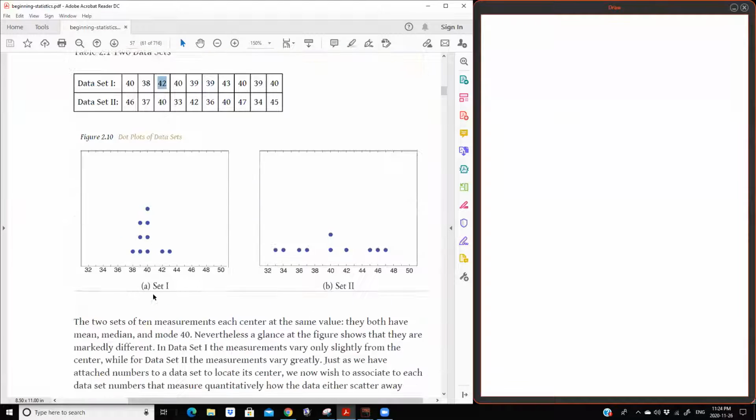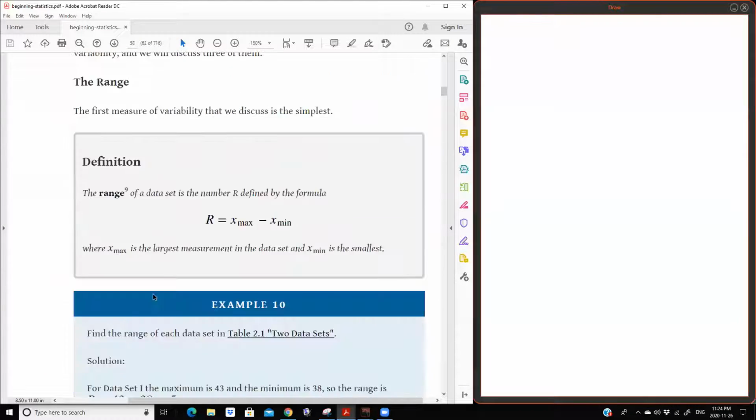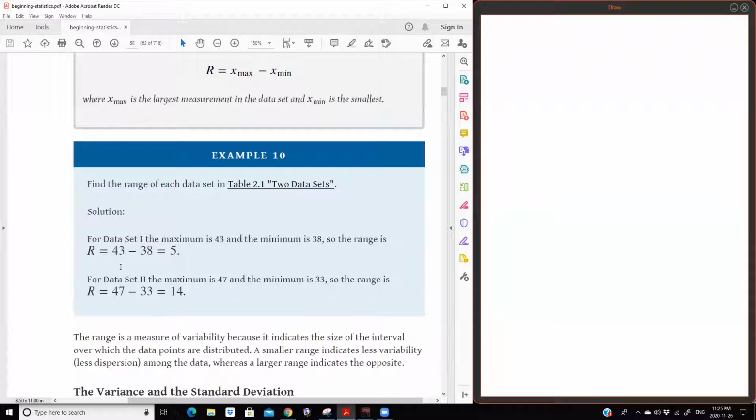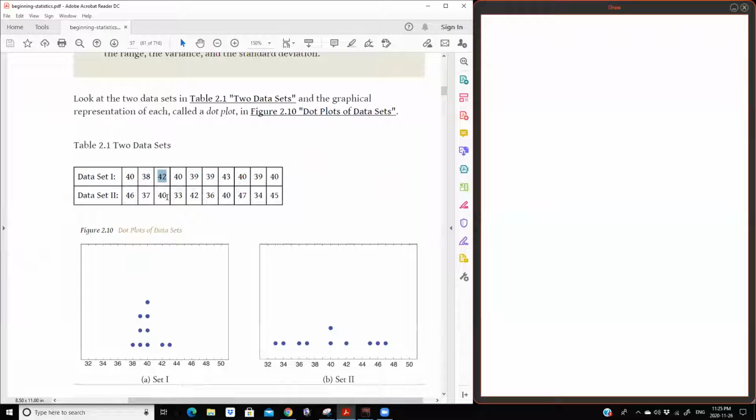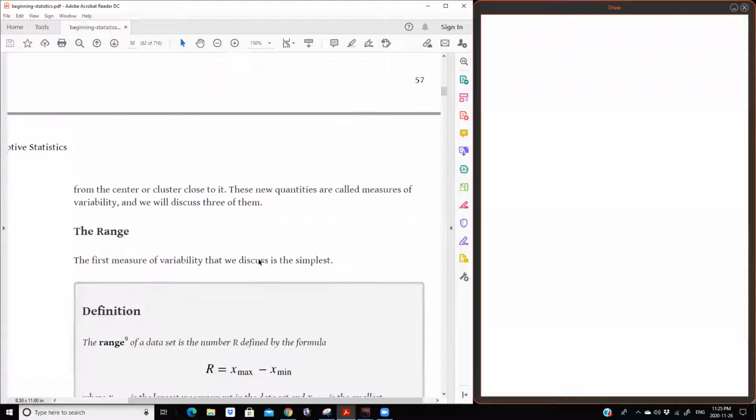That would be the range of the data set. Or maybe the biggest one was 43. I didn't see that. Yeah, there's 43 here. So 43 minus 38, the biggest number minus the smallest number, is going to be 5. That's the range.